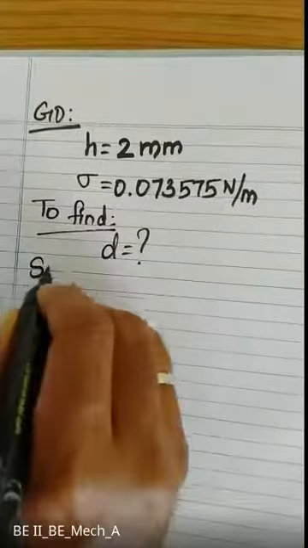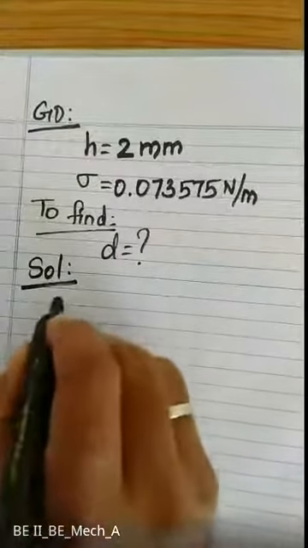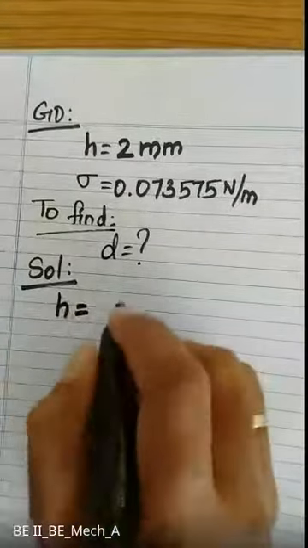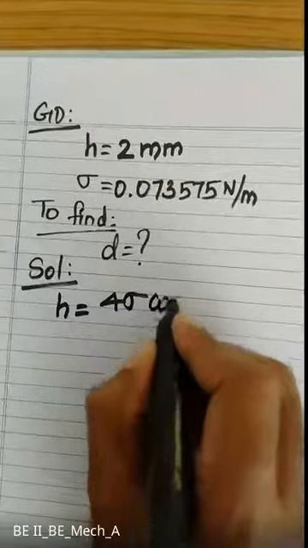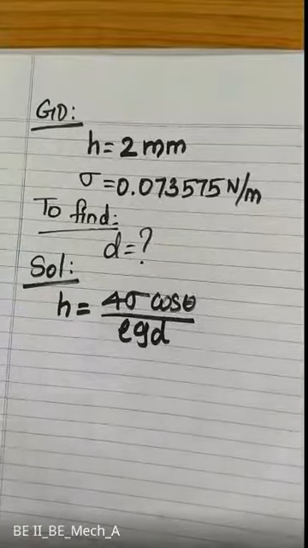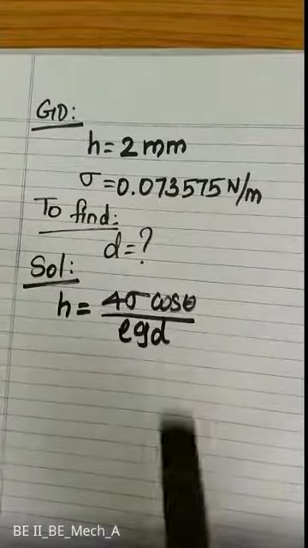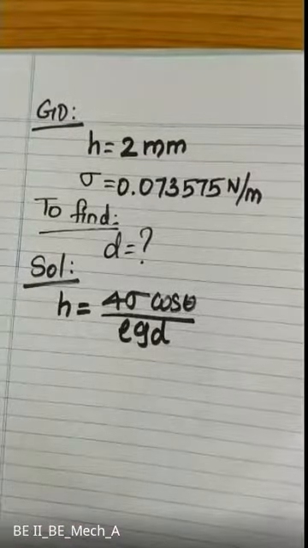So the solution is, you can note down the formula. H is equal to, what is the formula? 4 sigma cos theta divided by rho g d. Okay. So this is the basic formula that we are using for capillarity.